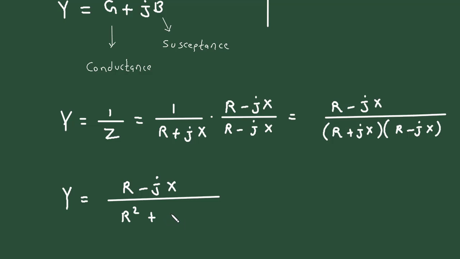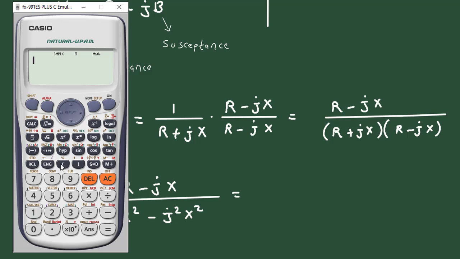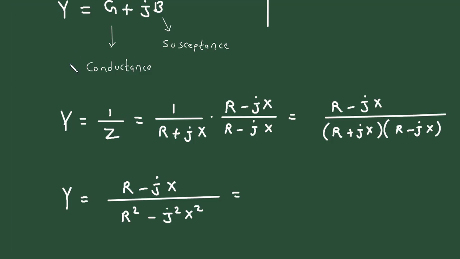We know that j square is equal to minus 1. So this will be R minus jX divided by R square plus X square.